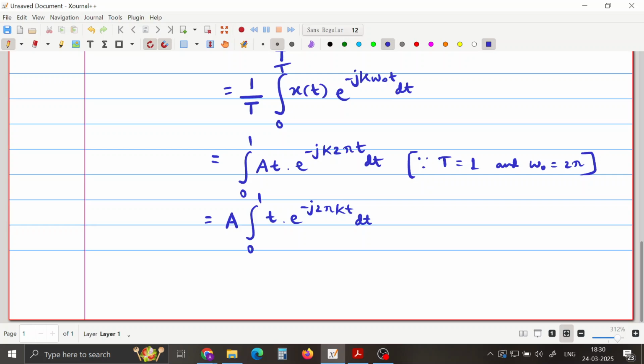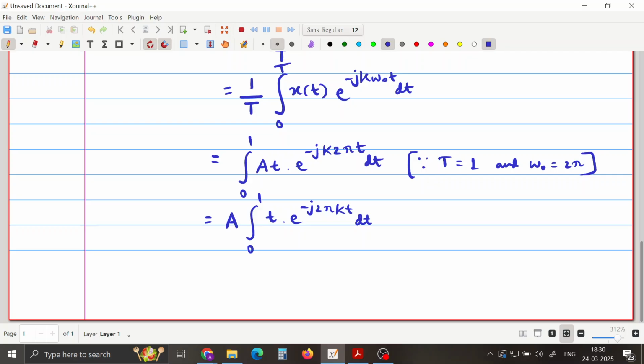We have seen in our high school mathematics that to solve these kinds of integrals we need to use integration by parts, and it has a particular formula.